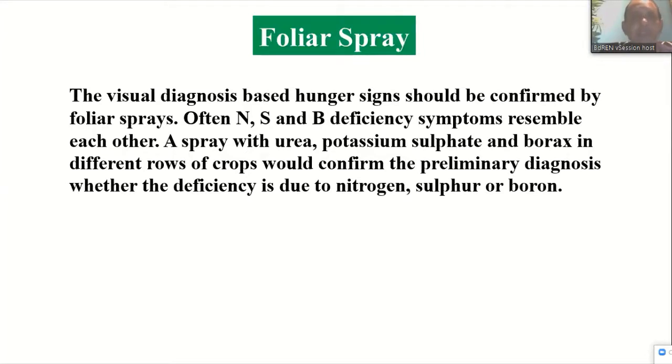For example, if you see nitrogen yellow leaves, then we apply nitrogen as a spray, and after spraying the deficiency symptom disappears. That time we can say this deficiency was due to nitrogen.